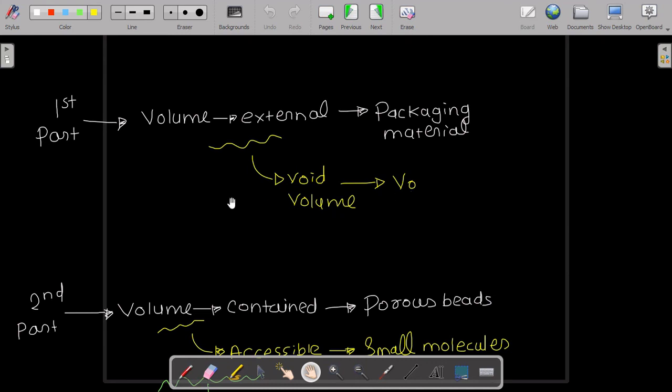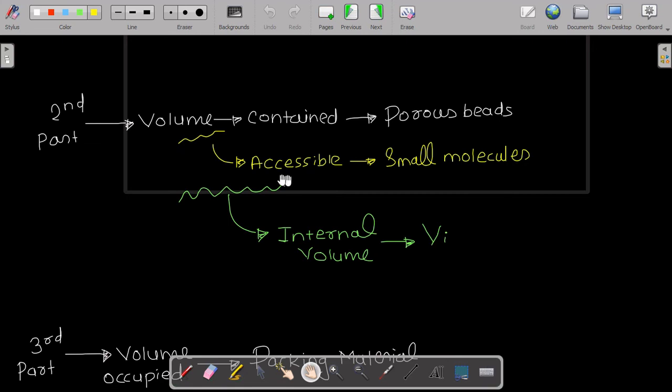This volume is external to the packing material. The second part is the volume contained by the porous beads, and this volume is accessible to the small molecules.